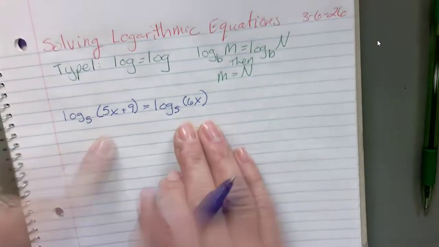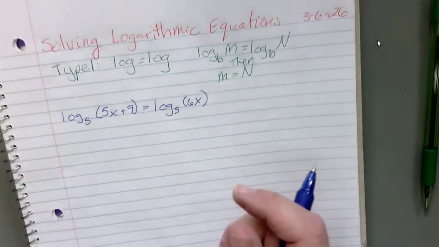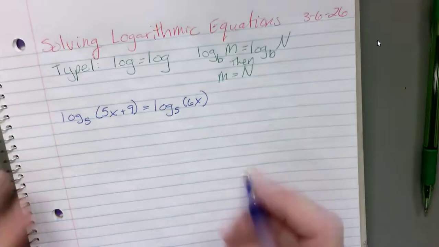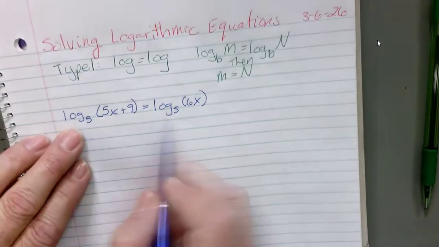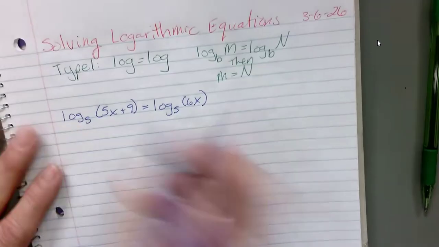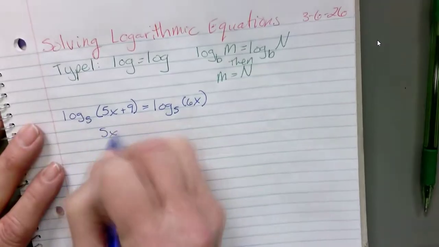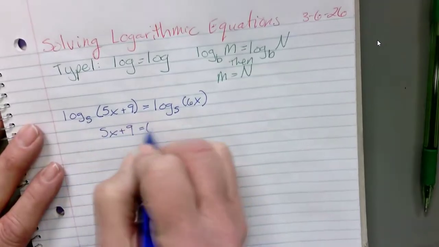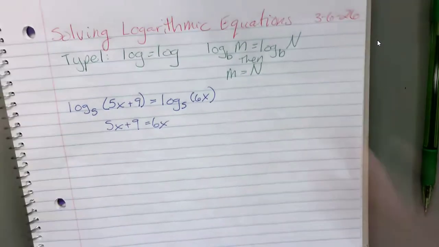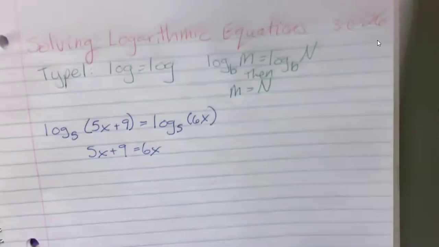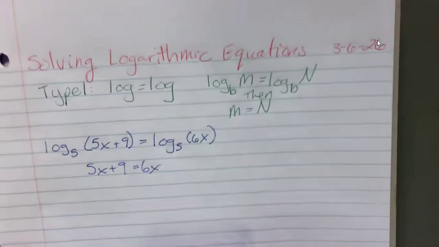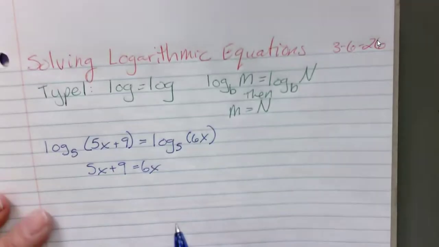We'll see one in a little bit that is not condensed, so hopefully it'll make more sense then. And then I have matching bases, log base 5, log base 5. So I can change this to 5x plus 9 equals 6x. And at this point, I have an Algebra 1 problem where you are just solving for x. So you should pause and try it without me.